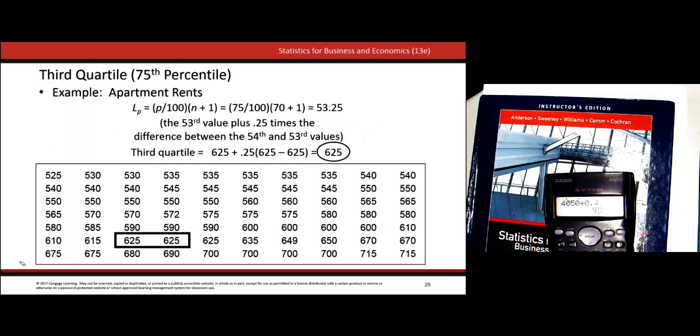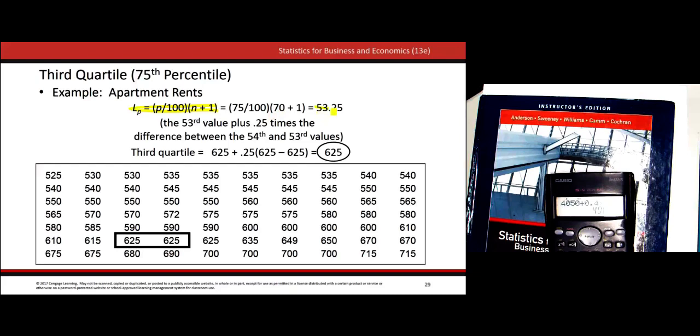Now here, how do we calculate the third quartile, which is the 75th percentile? First we locate it: P over 100 times n plus 1. So 75 over 100 times 70 plus 1.